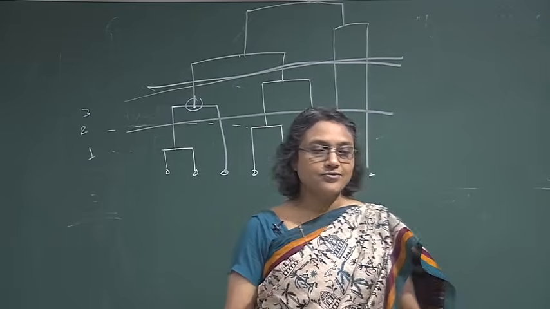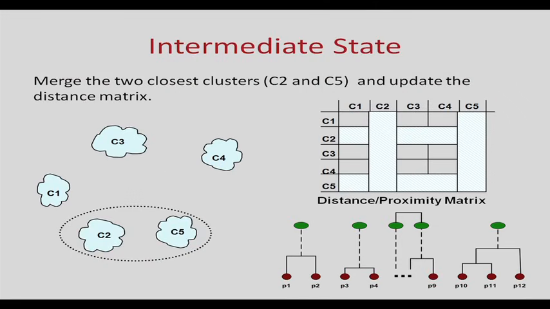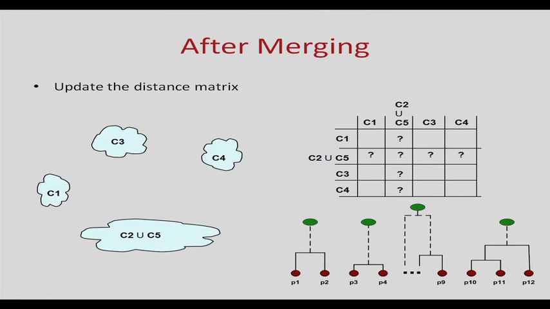So, 4 rows and 4 columns in the proximity matrix. So, after merging, we will get these 4 rows and 4 columns, and we have to find out how to fill up this column and this row. Now, how we fill up will depend on the distance measure that we will use, and we will talk about certain common measures that we use for this.